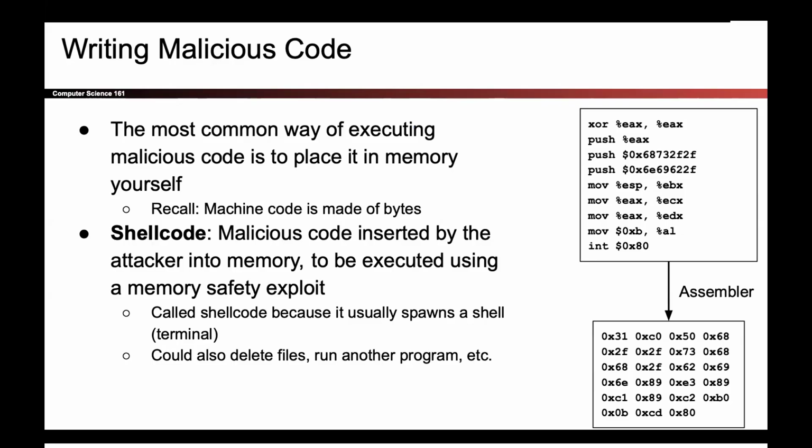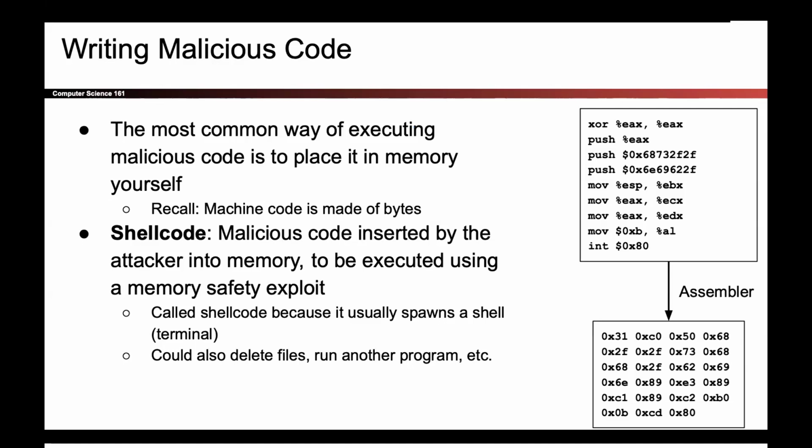There is a very common trick, which is to usually have a little snippet of code that first does some basic thing, like connect back to the attacker's server and ask it for some code to run, and then runs that code. That's often called shellcode.